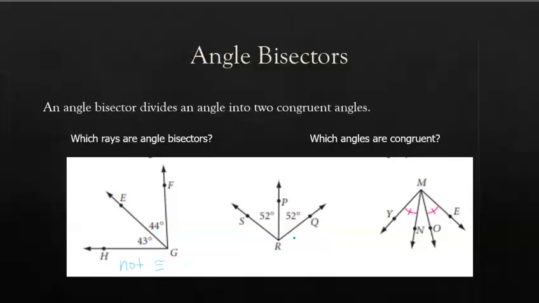What about these? Are these congruent? They are. They measure exactly the same. So angle SRP is congruent to angle QRP. Does that mean that we have an angle bisector? It sure does. That ray in between, our ray RP, is an angle bisector.